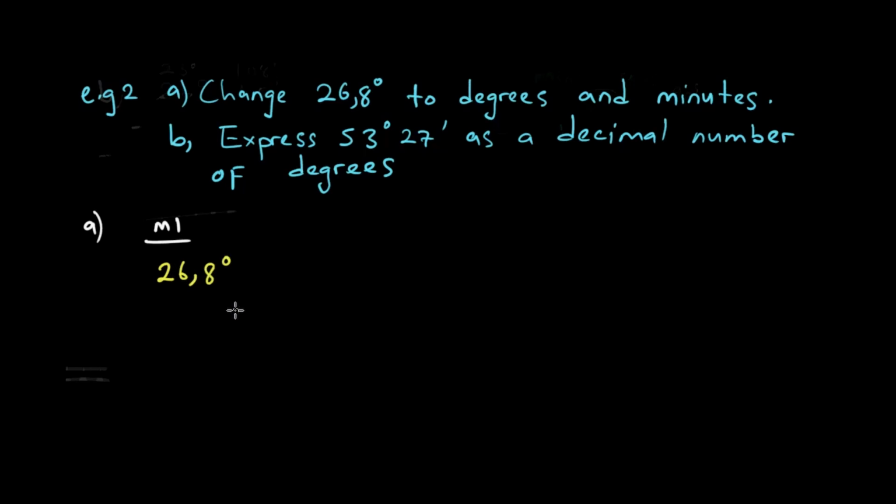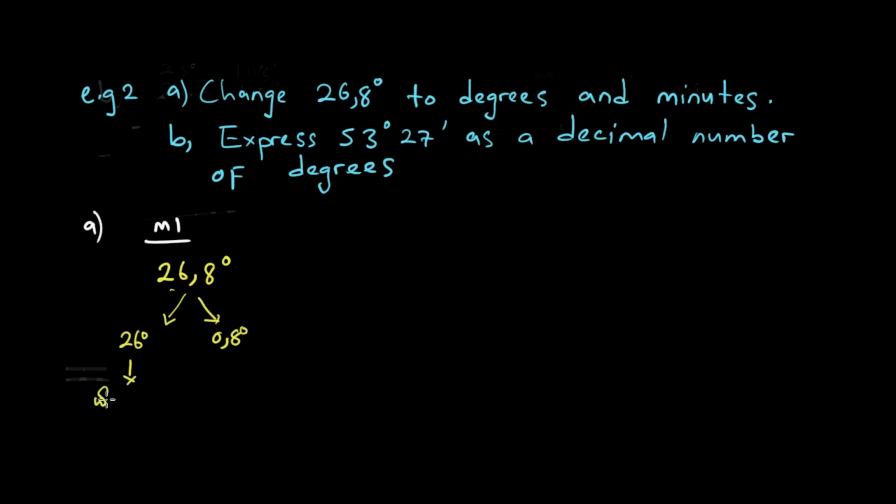Saka 26.8 degrees, of course, it's a decimal number. But we have to understand with a decimal number, we can break the whole number apart from a decimal part. Saka 26.8 degrees inongoreva kuti 26 degrees then 0.8 degrees. 26.8 degrees is made up of a whole part.